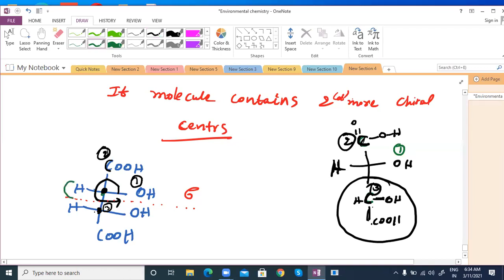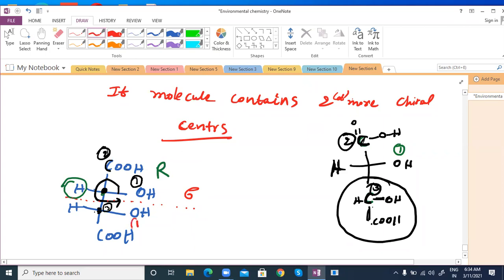The least priority is H, present on the horizontal line. Then you have to reverse that one, sir. If you are getting clockwise, then you give S. If anti-clockwise, then R. I am getting R here. And similarly you can give numbering to the below one also. If the least priority is present horizontal, then you have to reverse. If clockwise you get S, anti-clockwise means R. That point I already mentioned, we can check it.